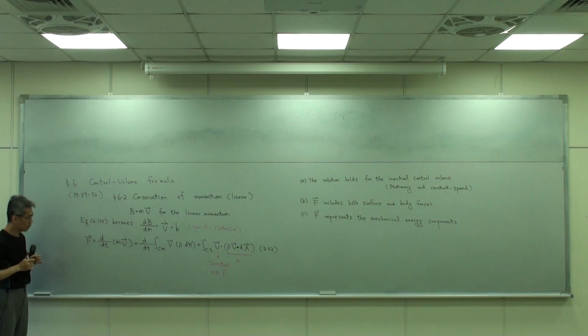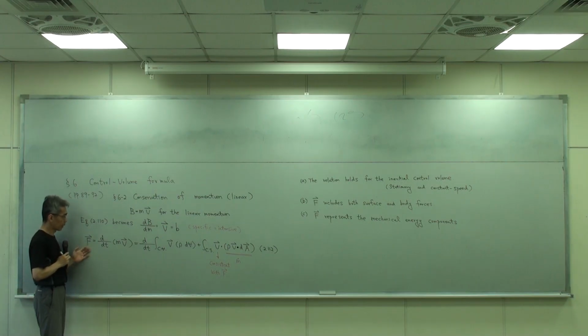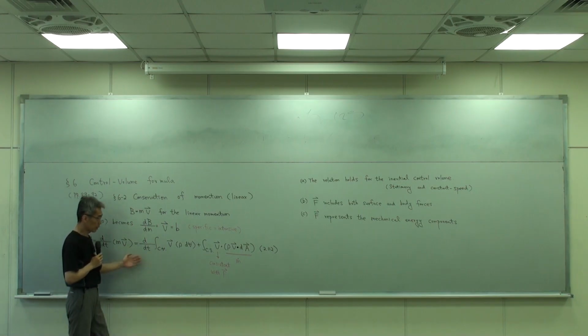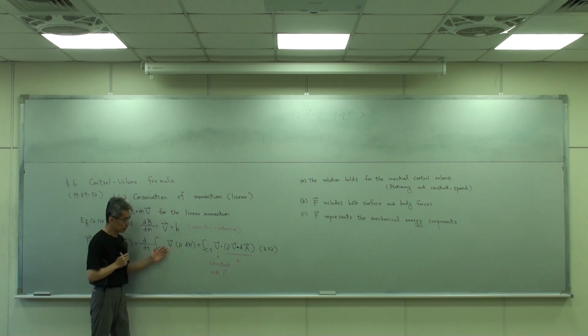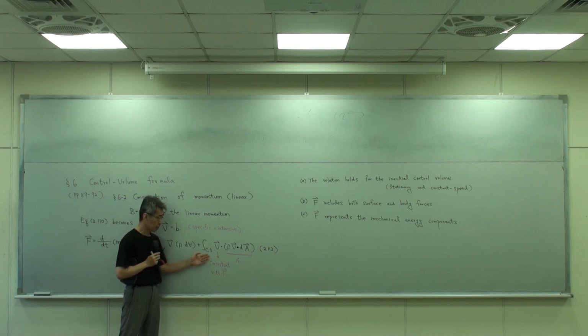So for the momentum, this force is basically a momentum change. So in the control volume, we can write it down this way, with the control volume and the control surface.